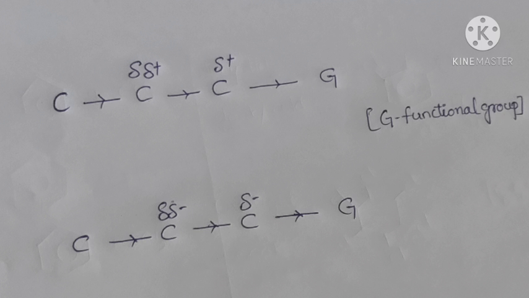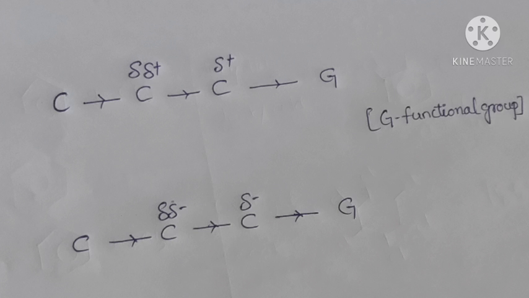See here, in this carbon chain containing 3 carbons, G is the functional group. The shared pair of electrons moves towards the functional group, so G carries a negative charge and the carbons carry partial positive charges.